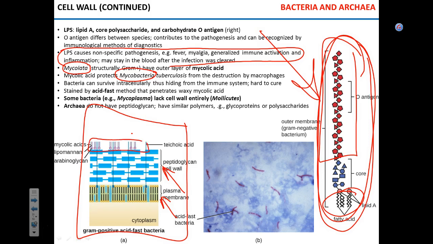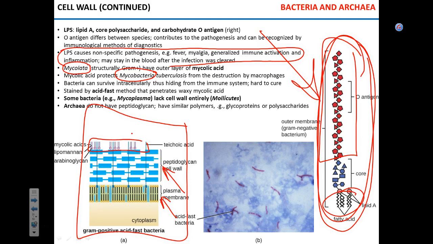But outside of that peptidoglycan layer, mycolata have a layer of so-called mycolic acid. Mycolic acid is a fat. It's not so much a fat, it's a wax. Does that make sense? So the cells are basically covered with an extra layer of wax, which makes them really, really well protected against your immune system, basically.